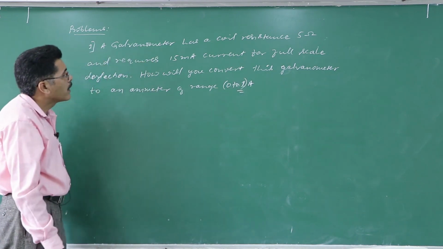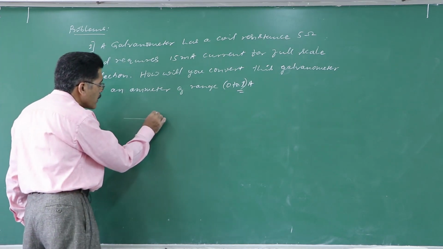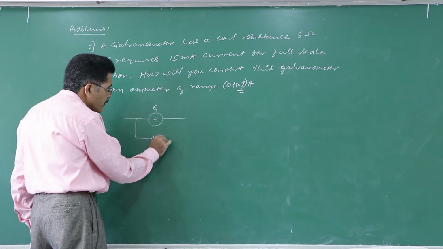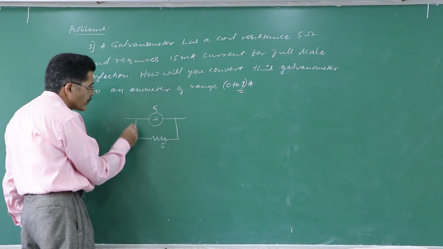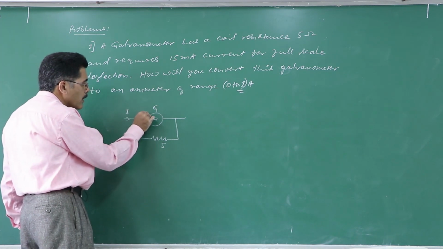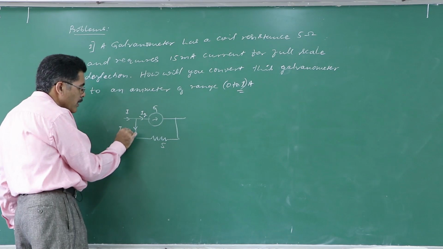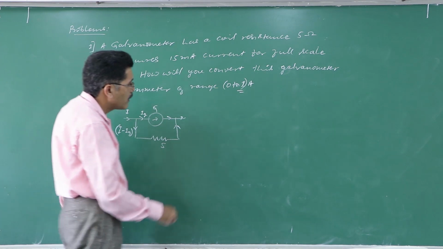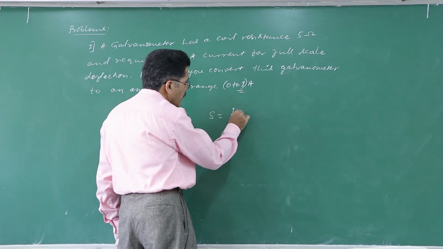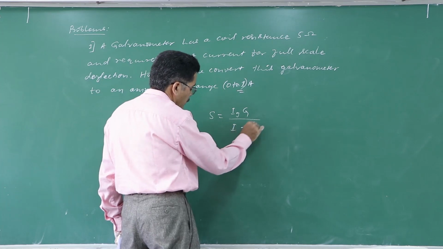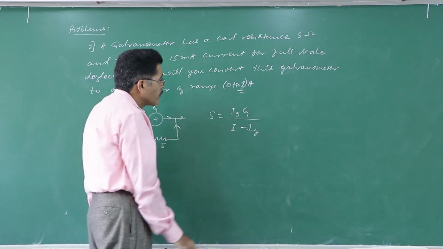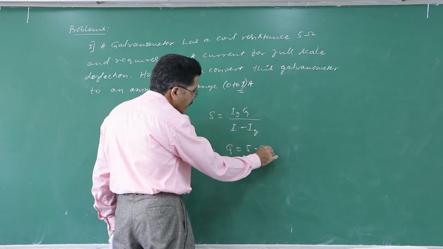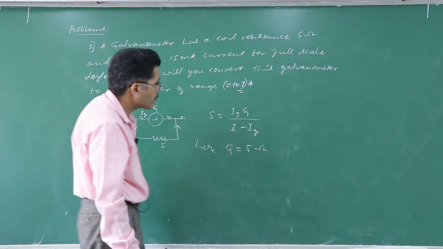Now let me consider the galvanometer. To this, a shunt is connected. I is the main current, Ig is the current through the galvanometer, I minus Ig is the current through the shunt. What is the value of the shunt? S is equal to Ig G by (I minus Ig). Here G is given as 5 ohm.